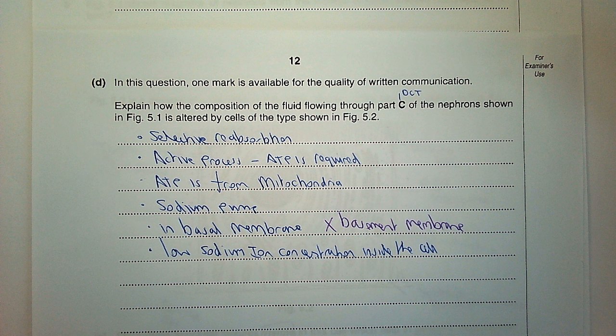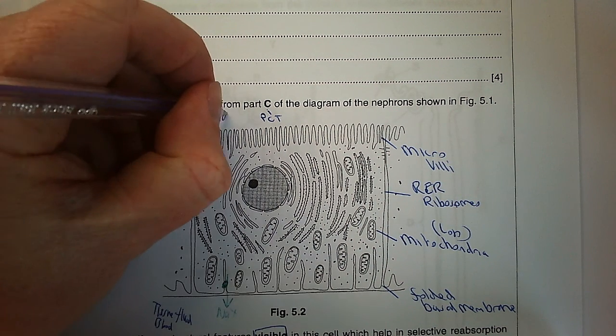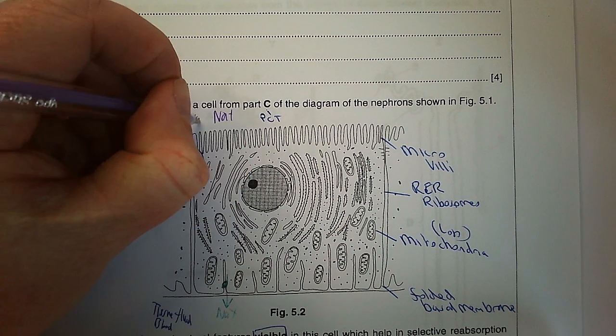Okay, so we've now set up a concentration gradient. We've got low sodium concentration inside this cell, but we've got a high sodium concentration in the filtrate.